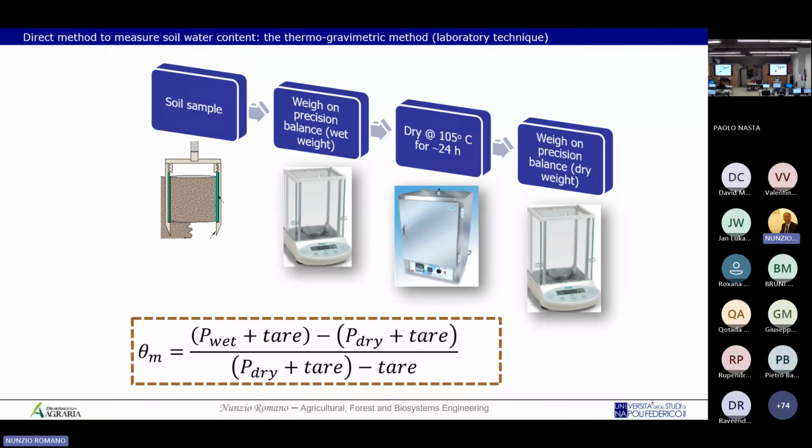Of course, if you use a precision balance, you have to have a sort of tent, because even a small wind can affect the precision of your measurement. So I hope that I replied to this very useful question.